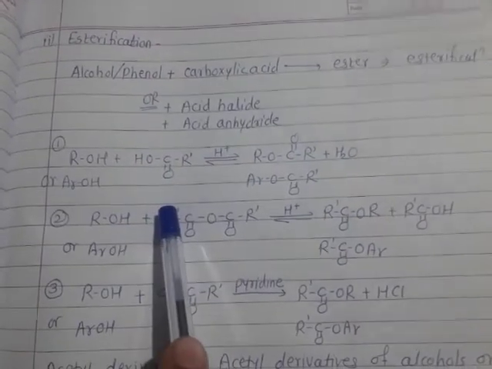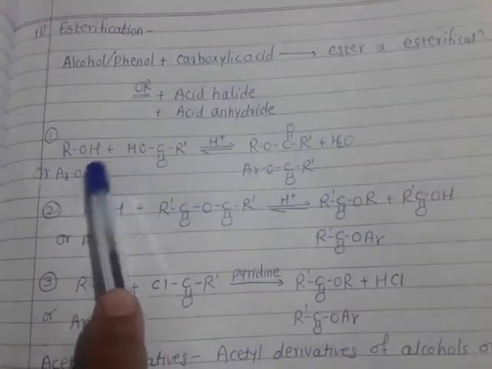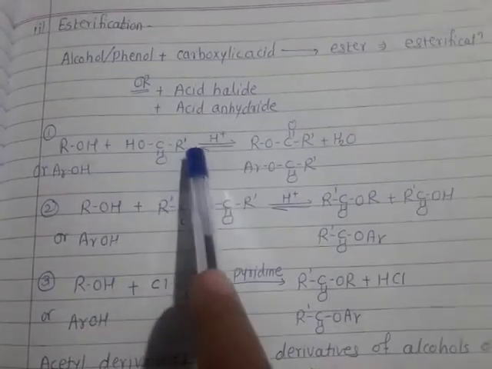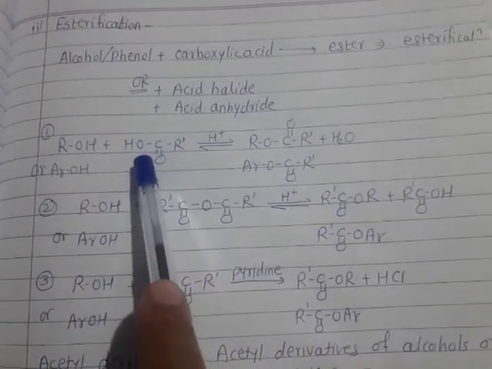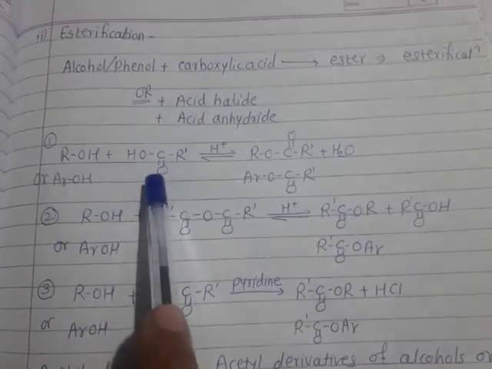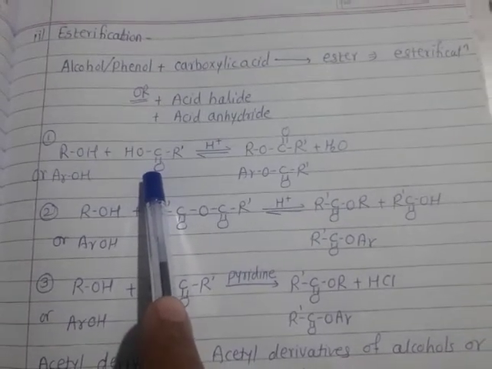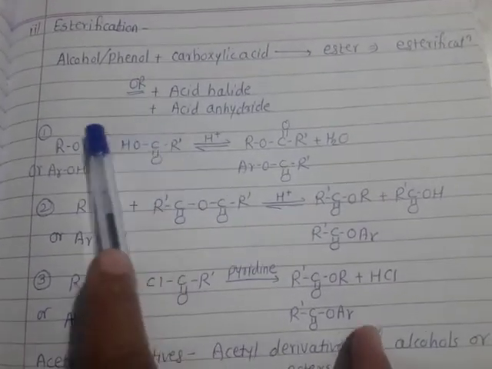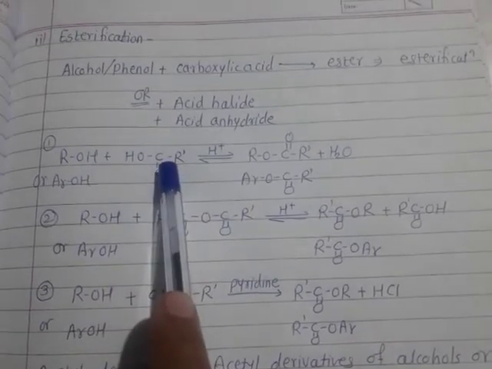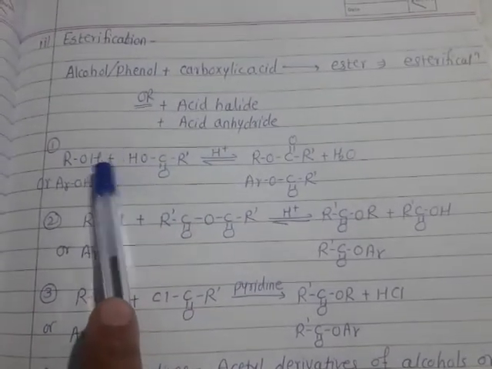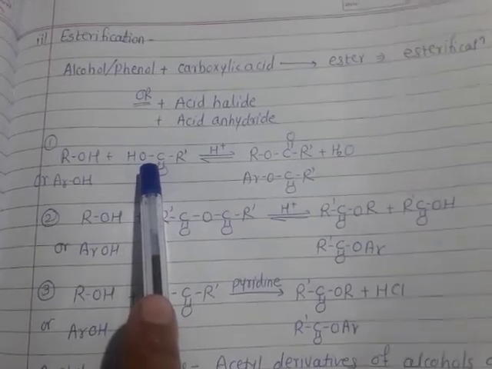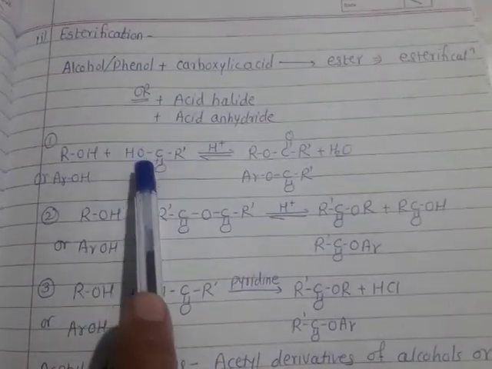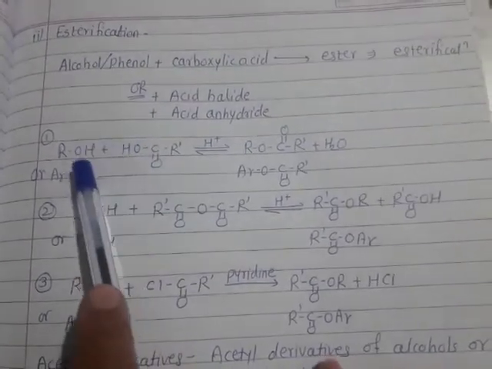What happens in this reaction? Alcohol is ROH, or we can take ArOH, and here R'COOH. Write these two, alcohol and acid, in such a way that their leaving groups are pointing towards each other. We have to remove water, so the H of alcohol and the OH of acid combine to form water.